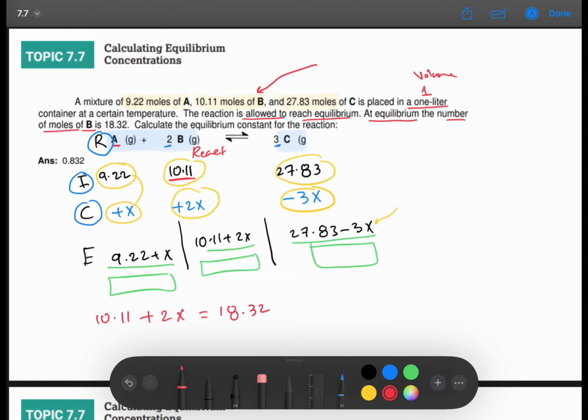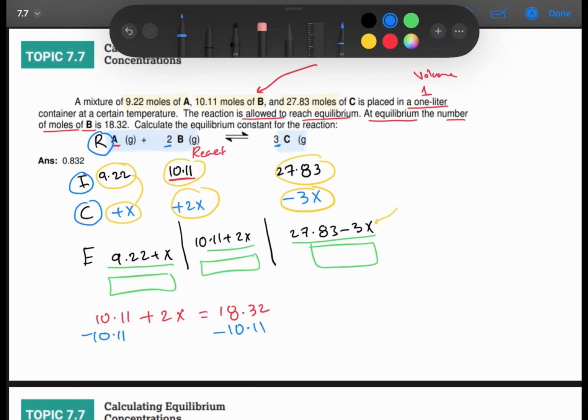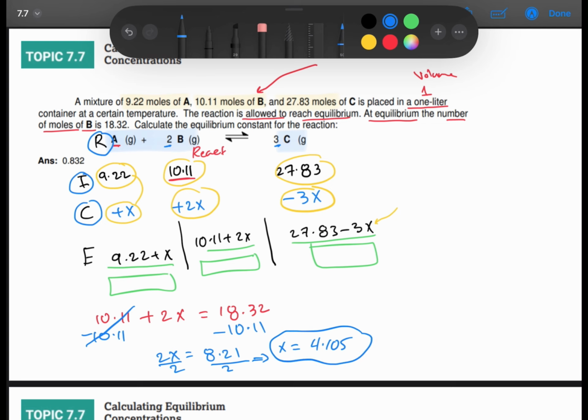If we apply some math, subtracting 10.11 from both sides and canceling these, it becomes 2x equals 8.21. You divide by 2, divide by 2, then the value of x is equal to 4.105.